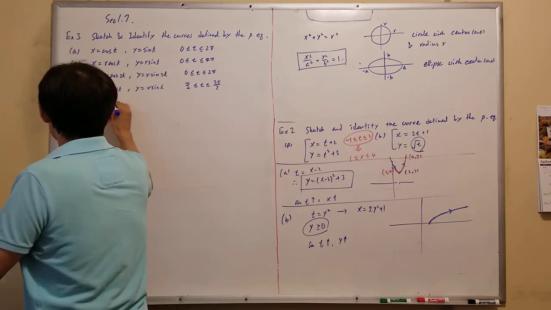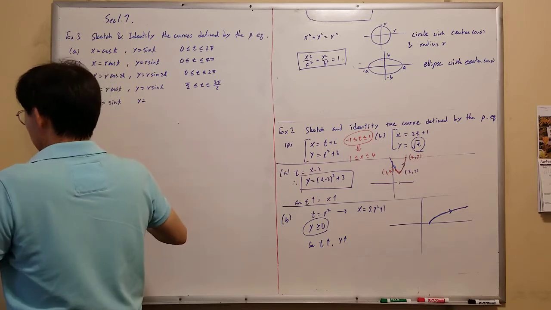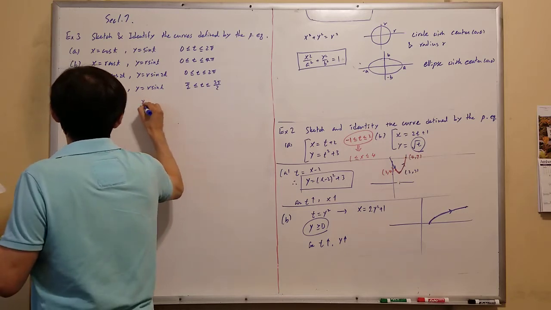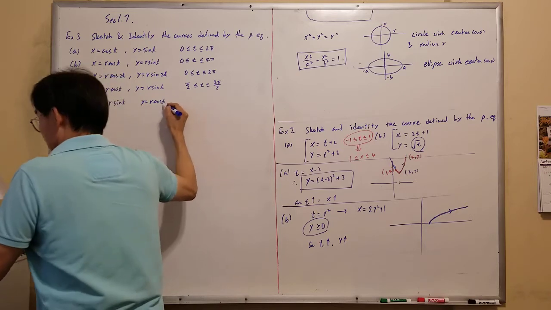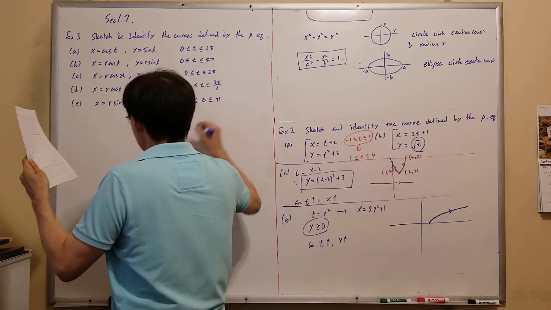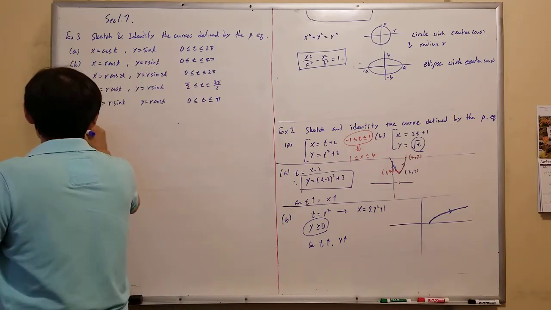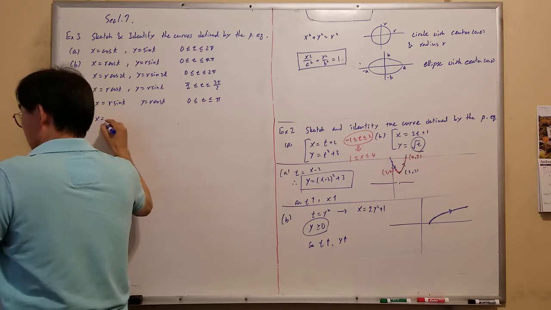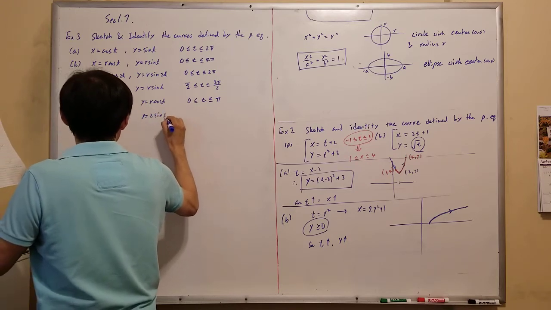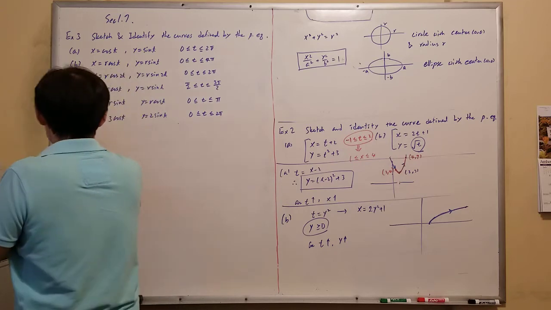E, x equals r sine t, y equals r cosine t, only pi. F, x equals 3 cosine t, y equals 2 sine t, 2 pi.